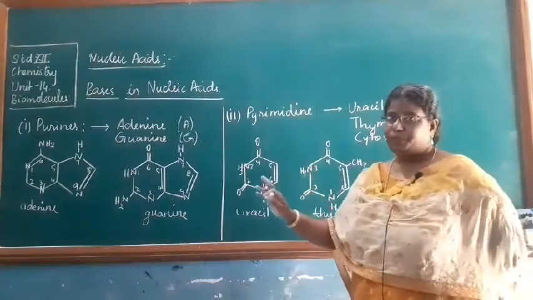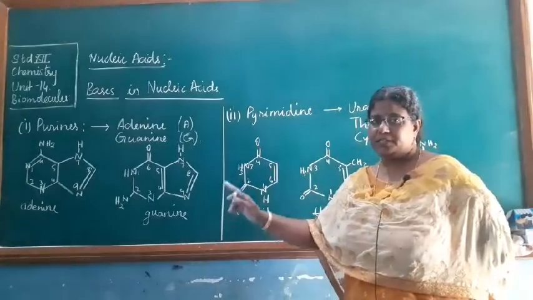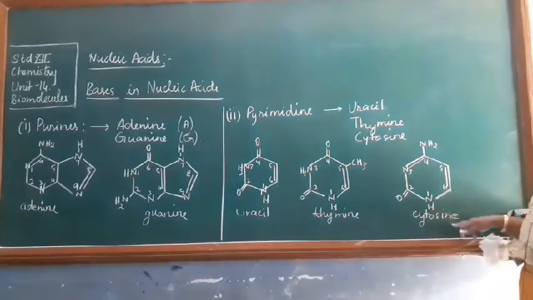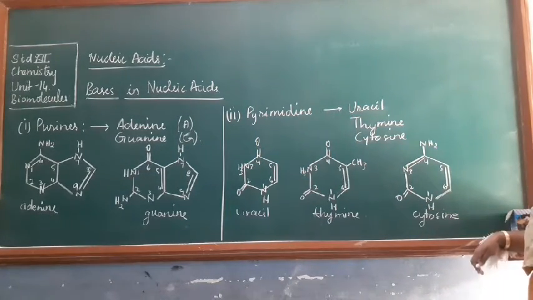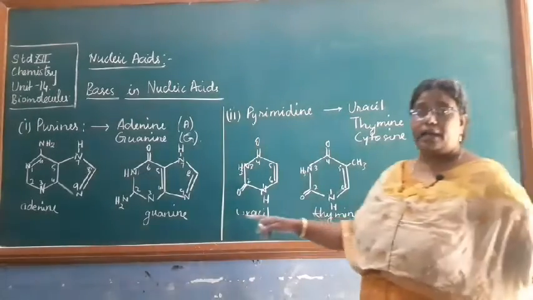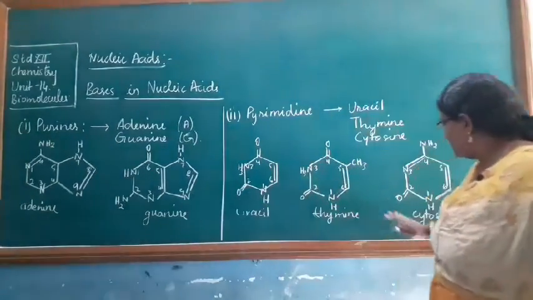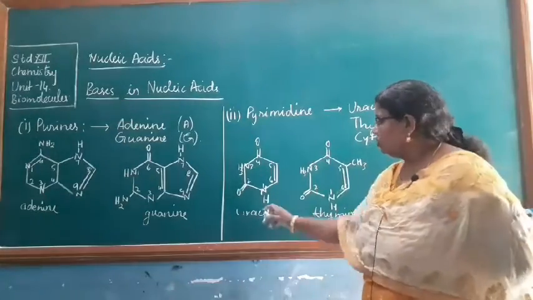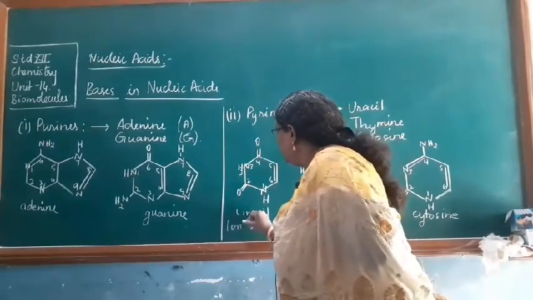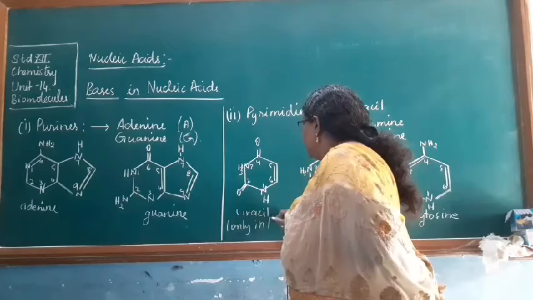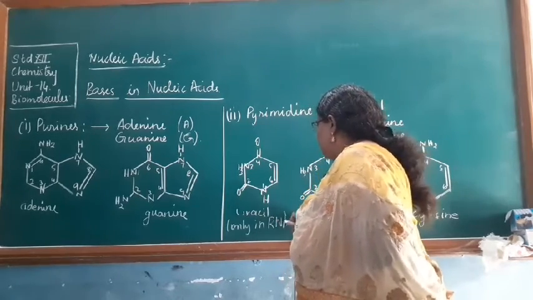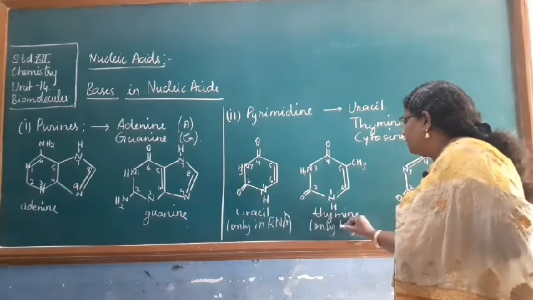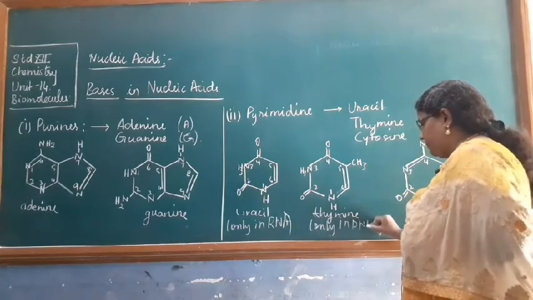In DNA, the bases present are adenine, guanine, thymine and cytosine. While in RNA, you will have adenine, guanine, cytosine, but instead of thymine, you will have uracil. So uracil will only be found in RNA, and thymine will only be found in DNA.